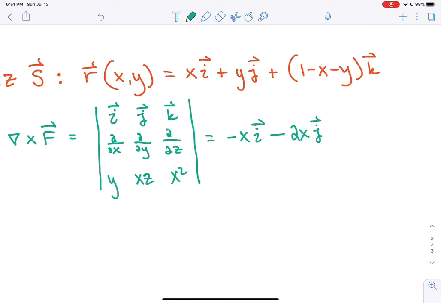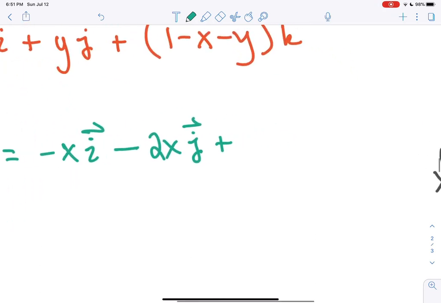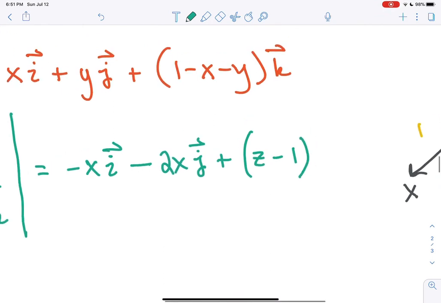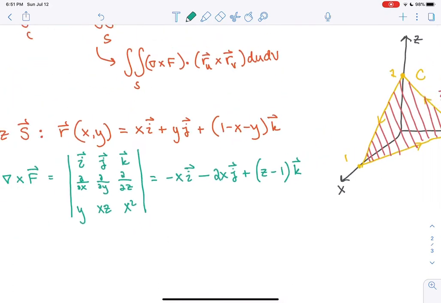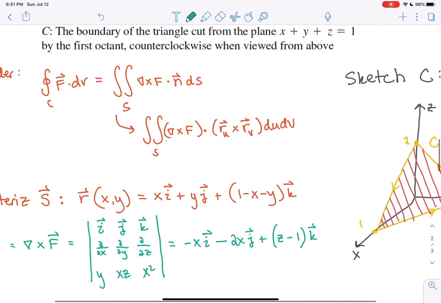And then plus the last component, which is the partial x of xz, which is z, minus 1. So for this last component we get z minus 1 in the k direction.